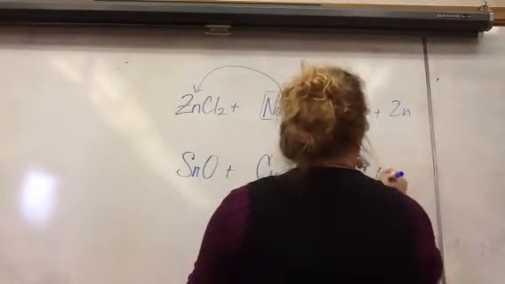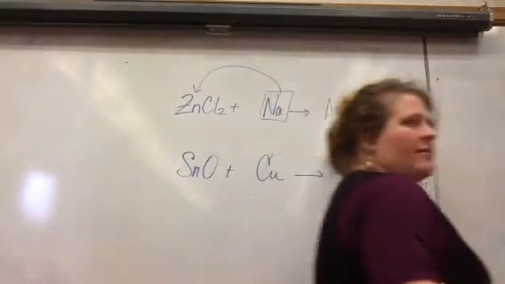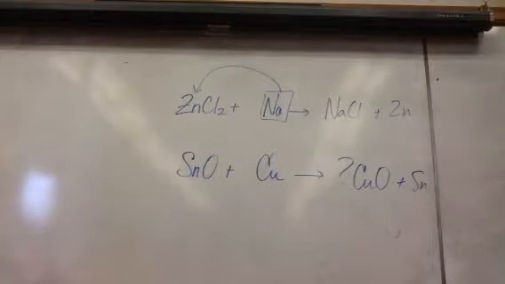Will I get copper oxide and tin out of that? No. Copper is lower on the activity series than tin. Copper is less active, so it's not going to replace the tin.